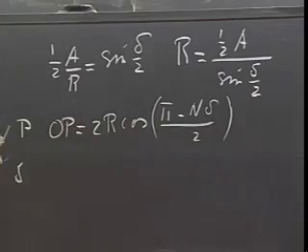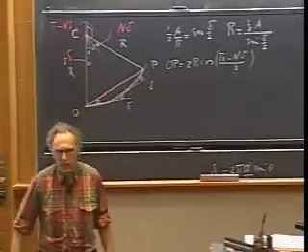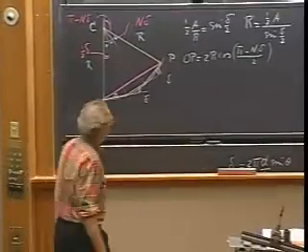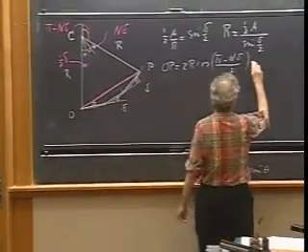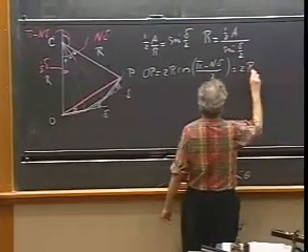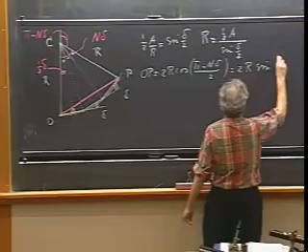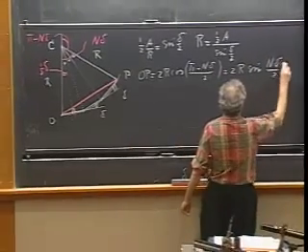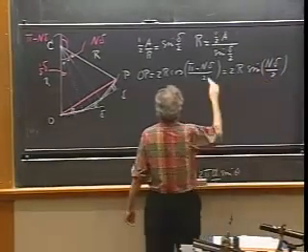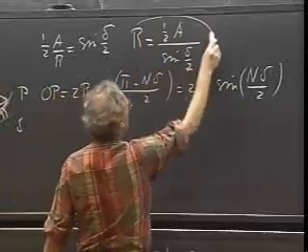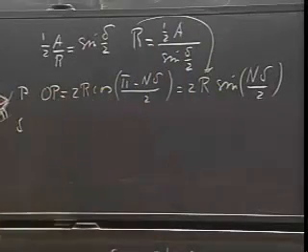But pi over 2 is 90 degrees, and 90 degrees minus the angle is the sine of the angle. So I can also write for this 2R times the sine of n delta over 2.